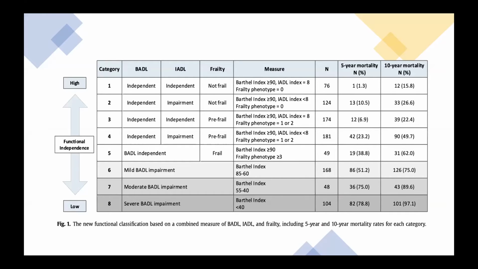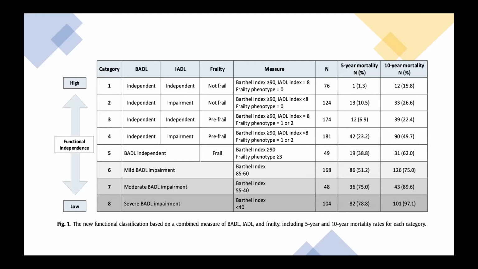And what they did was define 8 criteria by combining the basic activities of daily living, instrumental activities of daily living, and frailty. So as you can see at the top, we have a high functioning person. So they would be independent in all categories. So for basic activities of daily living, toileting, grooming, those kind of things.